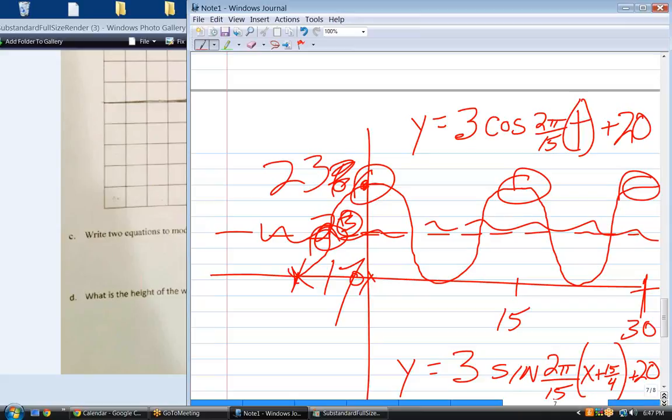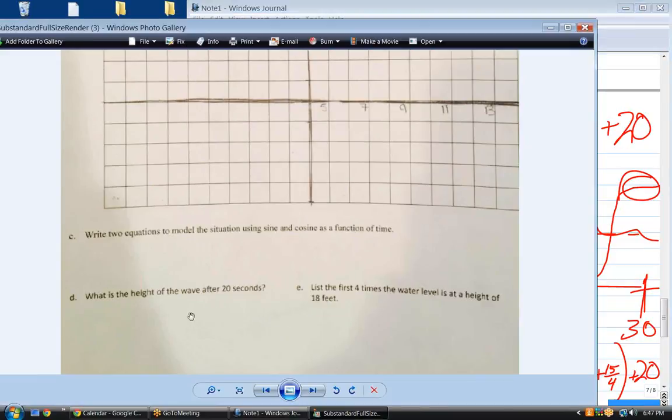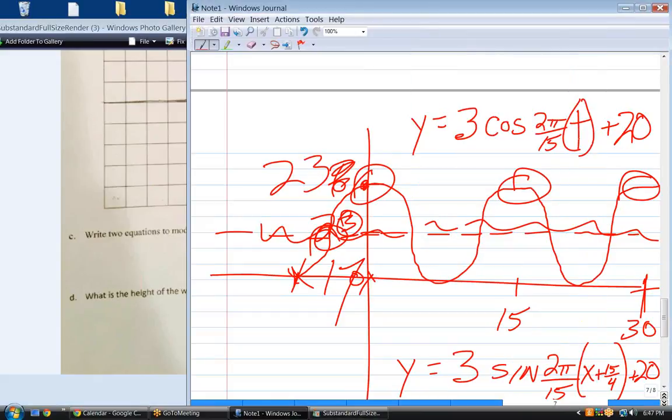At time equals 0, the height of the wave has to be at 23 feet because it's starting at its high point at time equals 0. So when they say, what's the height at 20 seconds, just fill in 20 seconds for t. You got your answer.